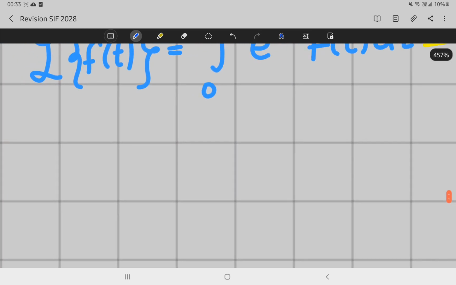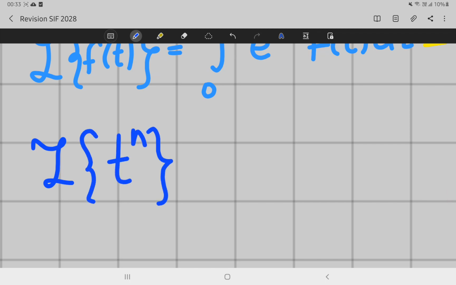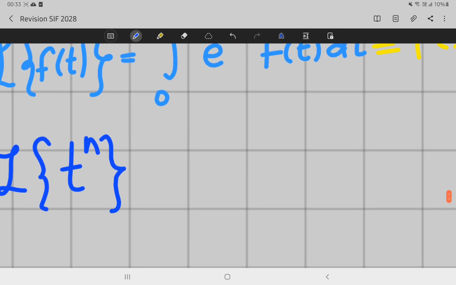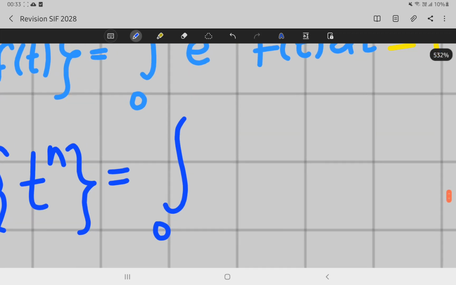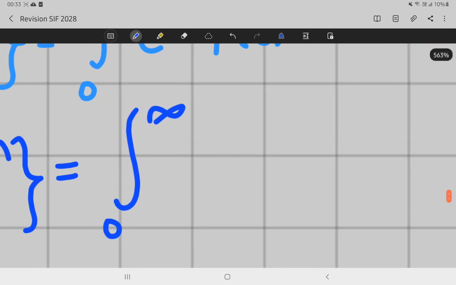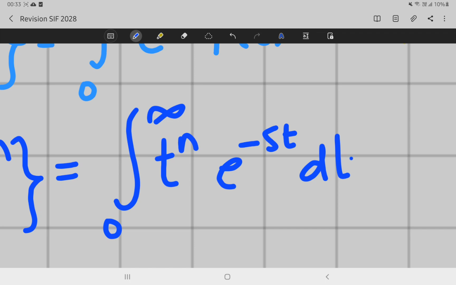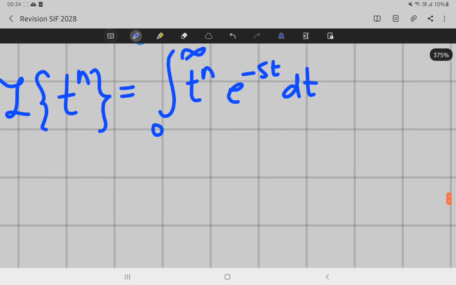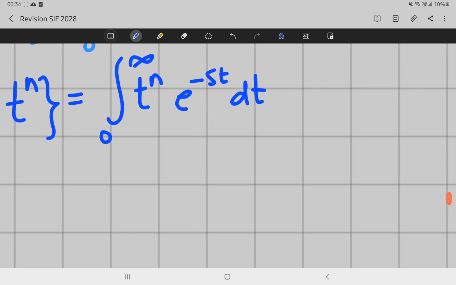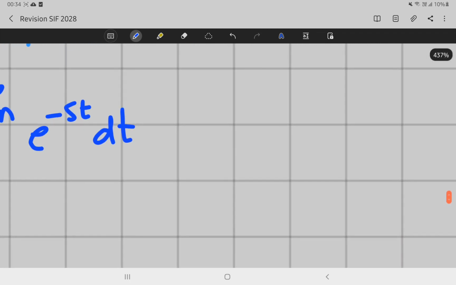Okay, for example, if I want to find the Laplace transform of t to the power of n, it is the integration from 0 to infinity of e to the minus st times t to the power of n dt. This makes use of integration by parts, so I will use the tabular method.